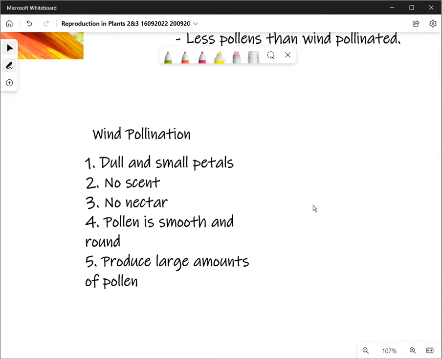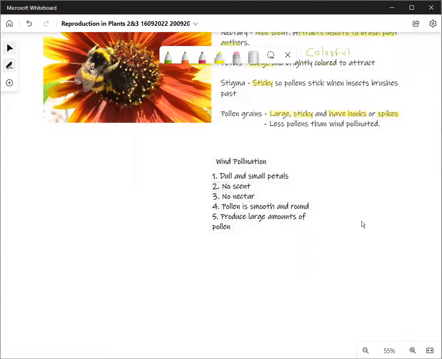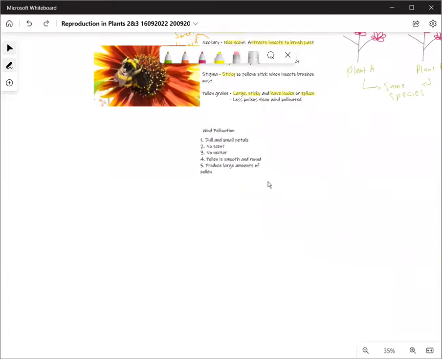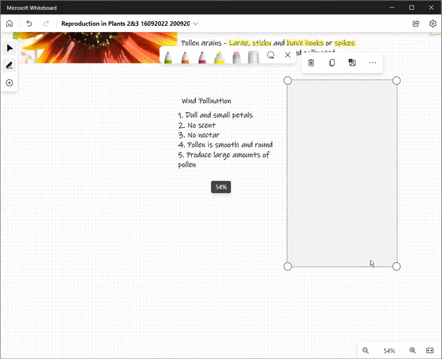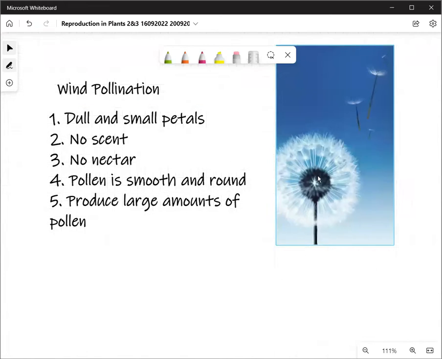That's the features of a wind pollinated flower. If I show it to you, just a second. This is what it looks like. They have small, dull petals, they don't have colorful patterns. These petals are very small, they usually don't even have them, and they have no scent, no nectar.